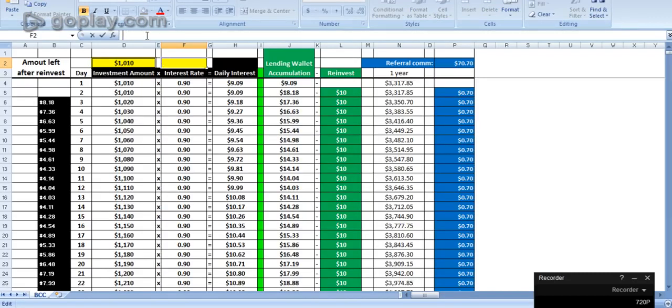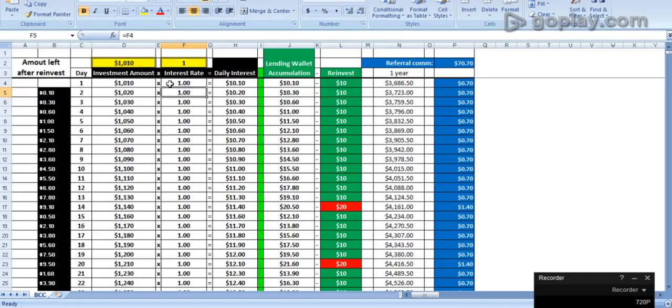So instead of 0.9, it would be 1% in this example. So you can see in this one, you're immediately getting enough to make a reinvestment of $10 every day. So your $1,010 paid out at the 1% example would give you a daily interest of $10.10.